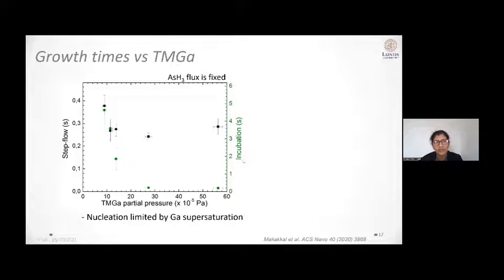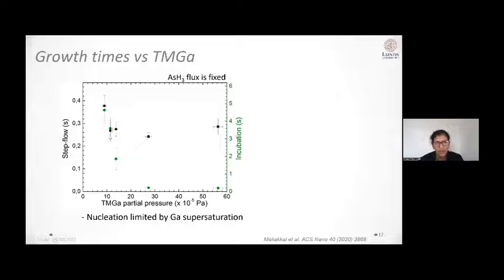If we keep the arsine flux fixed and change the gallium precursor flux, we see that initially the incubation time rapidly decreases, and after that it becomes not very sensitive. And the step flow time, except at extremely low trimethyl gallium fluxes, is rather constant.